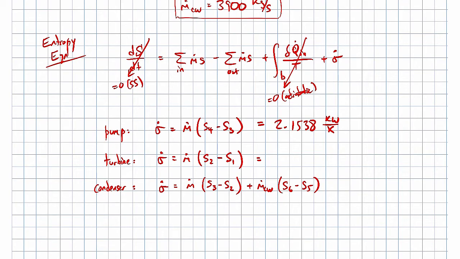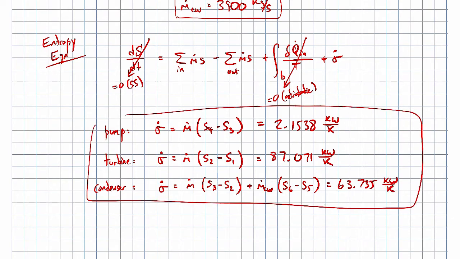For the turbine, it's 87.071 kilowatts per Kelvin. And for the condenser, it's 63.735 kilowatts per Kelvin. So you can see that the turbine has the greatest amount of irreversibility, and the pump has by far the smallest amount of irreversibility.